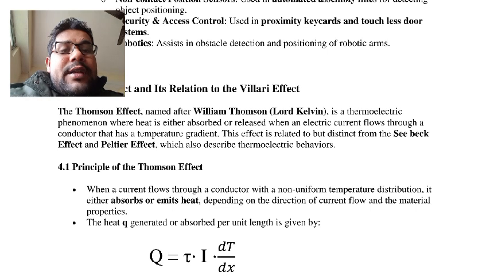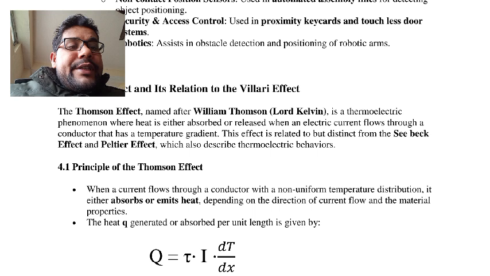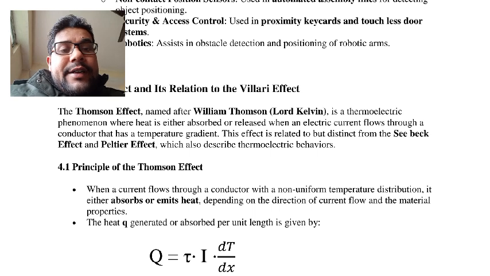Principle of the Thomson effect: when a current flows through a conductor with non-uniform temperature distribution, it either absorbs or emits heat, depending on the direction of current flow and the material property.